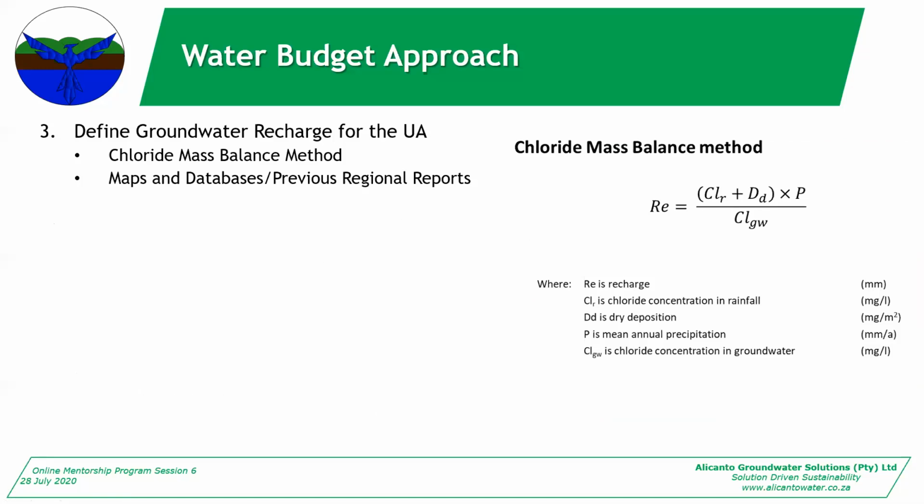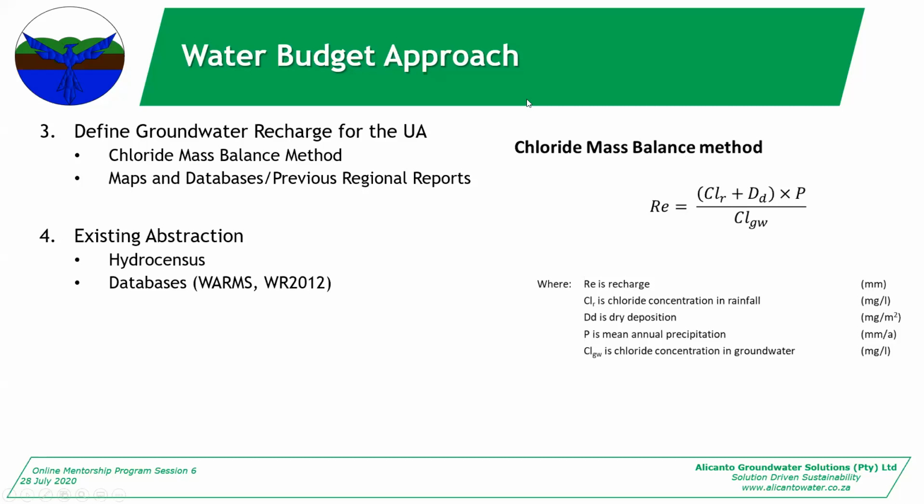The more data you have, the better. If you can get 100 different recharge points and take an average, that's great. It'll help you defend the recharge value that you assign. There's just the recharge method, or the chloride mass balance method for recharge calculation.